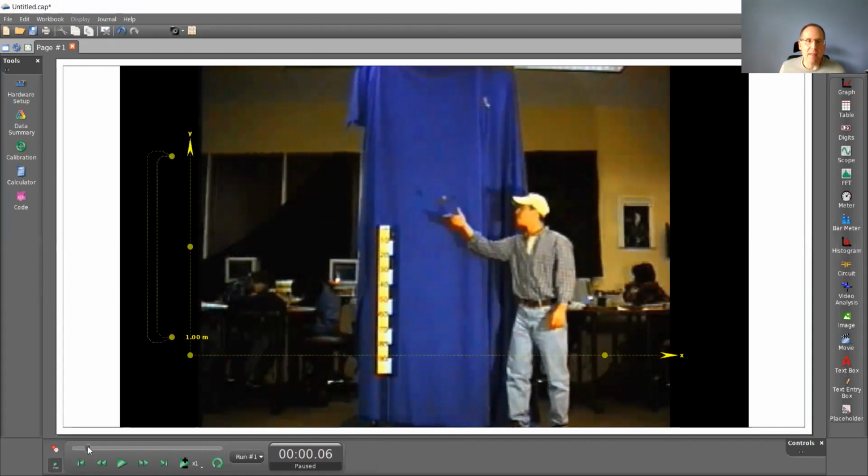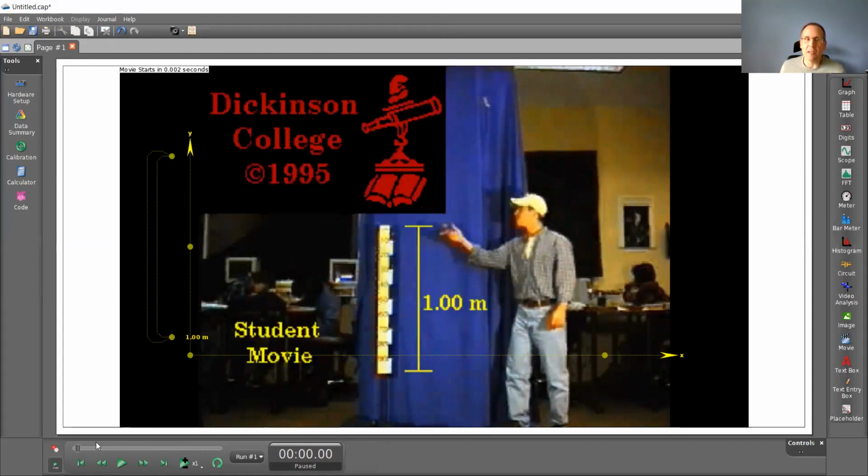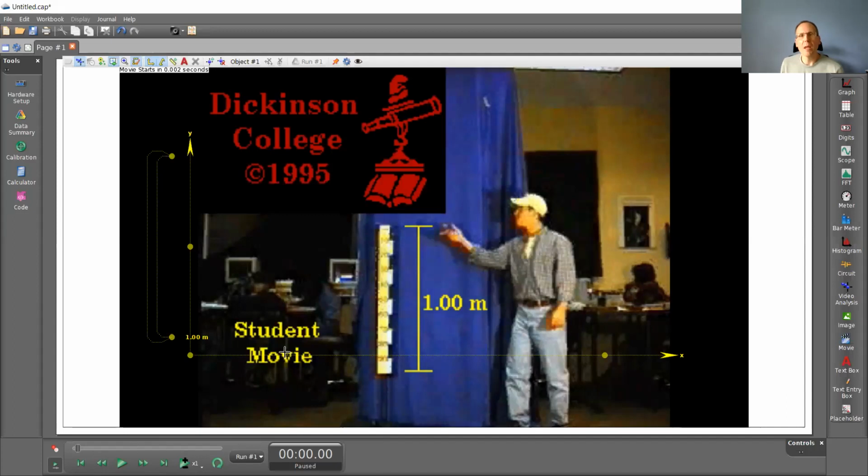So to analyze it, I have to do what's called digitize the movie. And what that means is I need to locate the position of the ball in every frame. Basically, a camera was recording at 30 frames per second, and I need to locate the position of the ball in every frame as the ball is undergoing its motion.